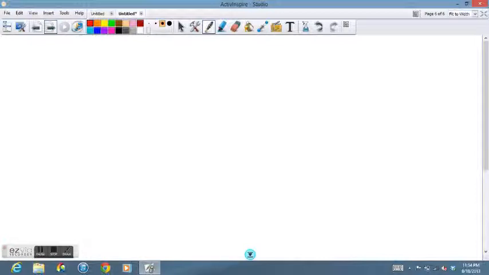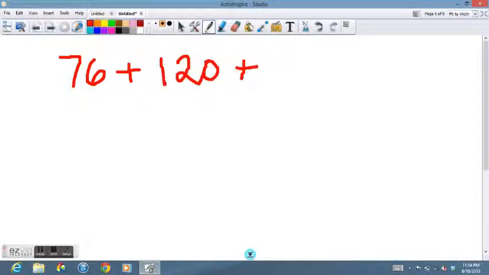Another way of looking at it is to look at place values. Okay, so let's take that same problem. Now let's think about what place values are in each one of these numbers. The 7 here is actually 7 tens.